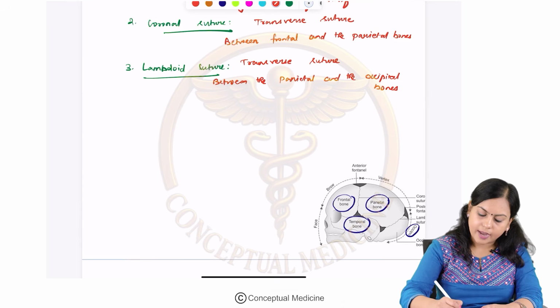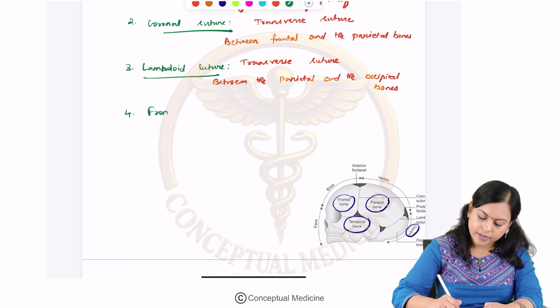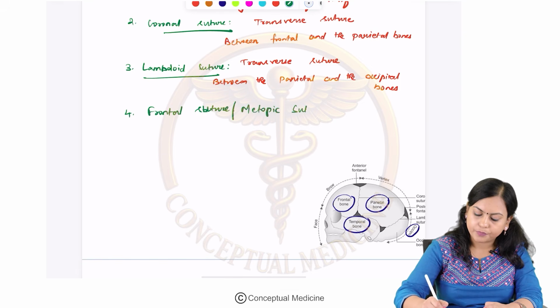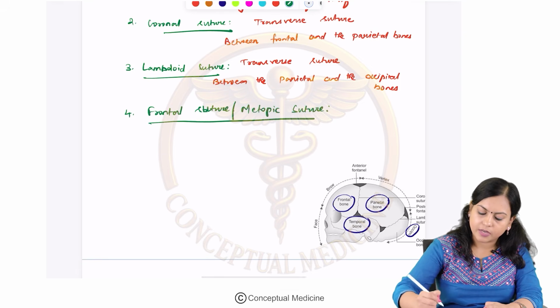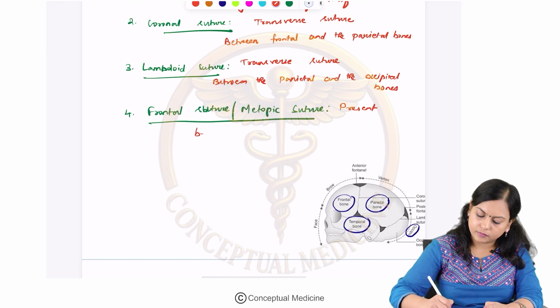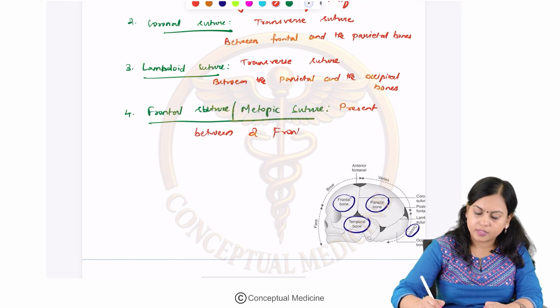And also we have the frontal suture, which is also called the metopic suture. From the name itself you would have identified that this is present between the two frontal bones.